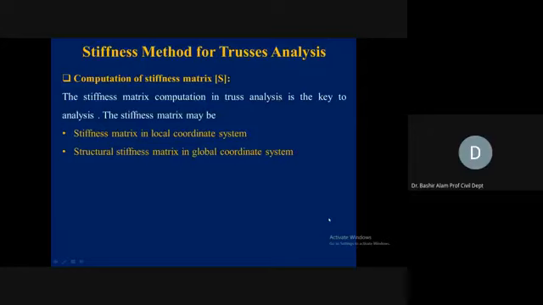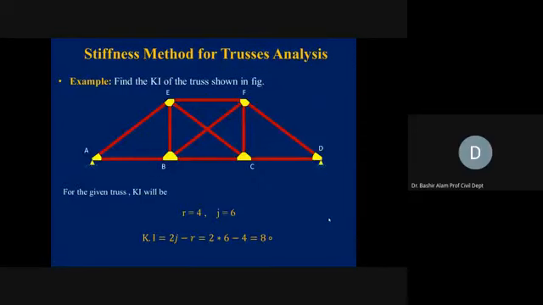Now, if you take the example of trusses, like the one we were looking at here, if I take this BF member, let's say it is making 45 degrees, but this one, CE, is in a different direction. This BC is in a different direction.